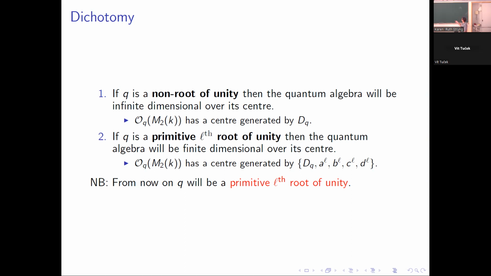So if you look at 2 by 2 quantum matrices, not only is the quantum determinant central, but also all of these indeterminates to the power l. Because this is an algebra which is finite dimensional over its center, it becomes a polynomial identity ring. I mean, this is a Noetherian prime PI ring. So there are a lot of things that have been done in the 60s and 70s on this algebra.